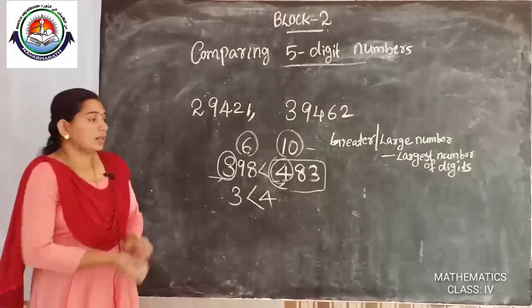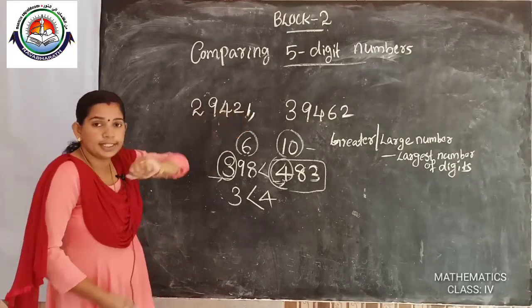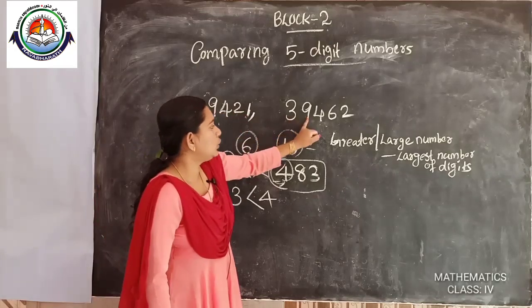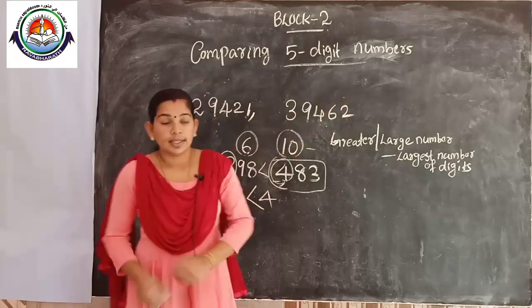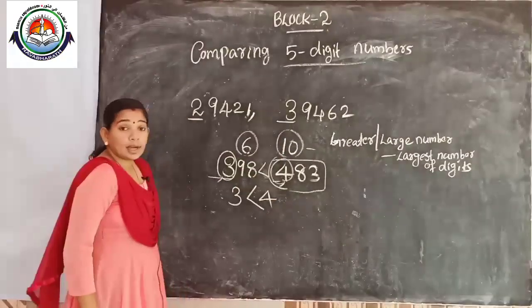Here look, 1, 2, 3, 4, 5 digits, and here also 1, 2, 3, 4, 5 digits. Then we check from the 10,000 place.